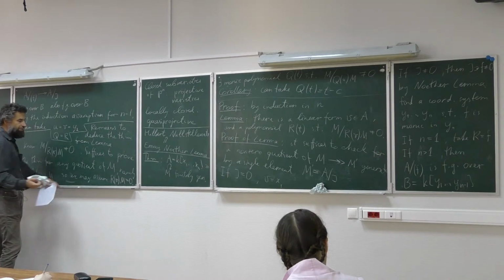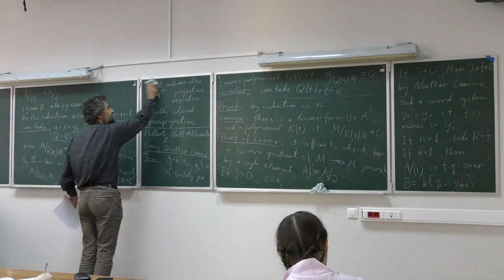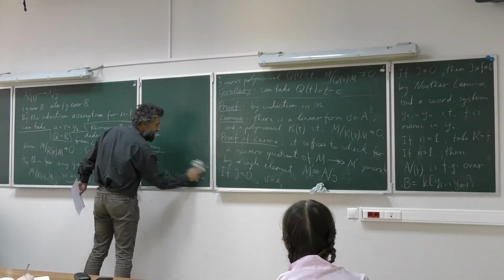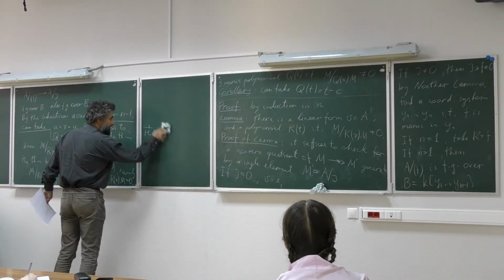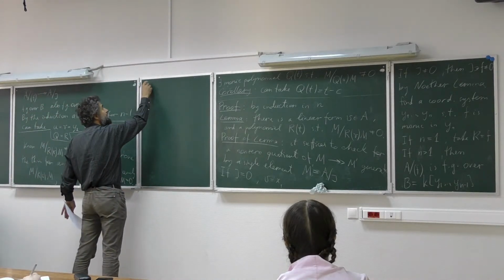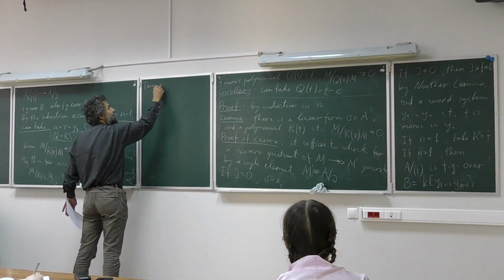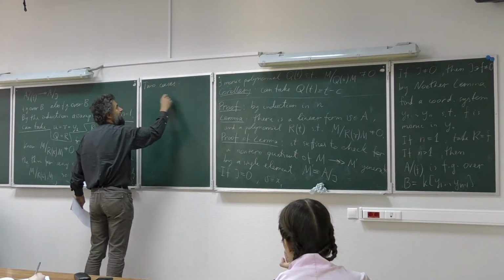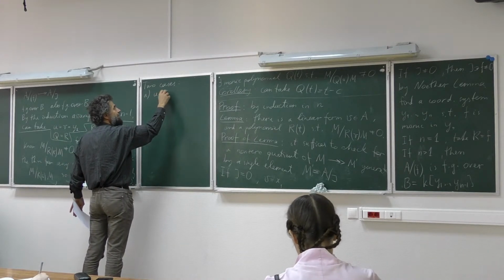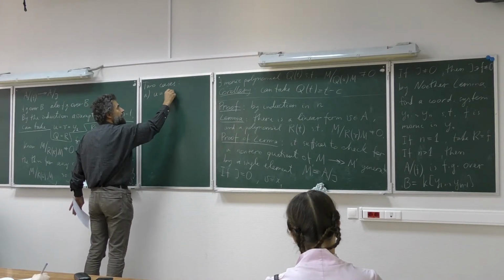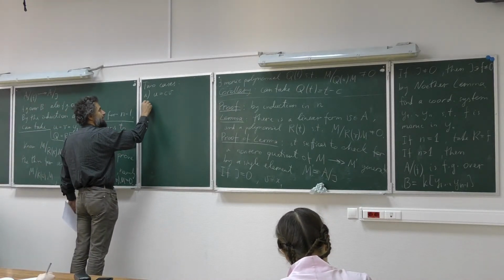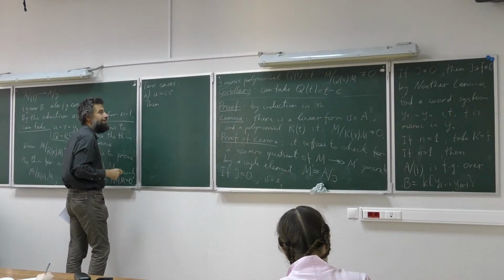But now we are given some other linear form u. We know this for v, and we want to prove this for u. So two cases. First, if u is proportional to v, then what do we do?